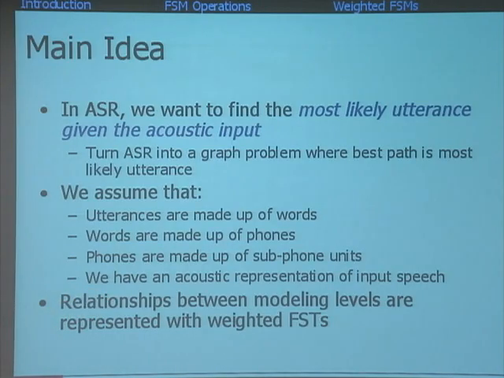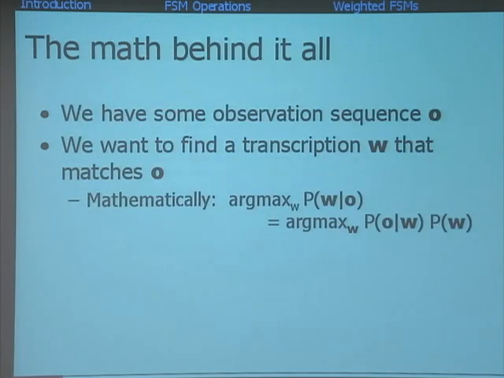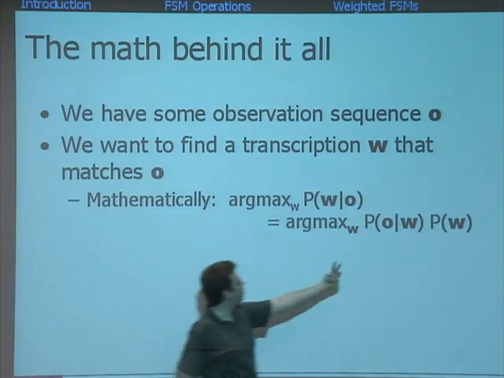And what we're going to do is have weighted finite state transducers that talk about the different levels. So, a quick step through the math just to relate back to Dimitri's slides. Remember, what we're doing is finding the most likely word sequence given the observations. Using Bayes' rule, we can flip this around.